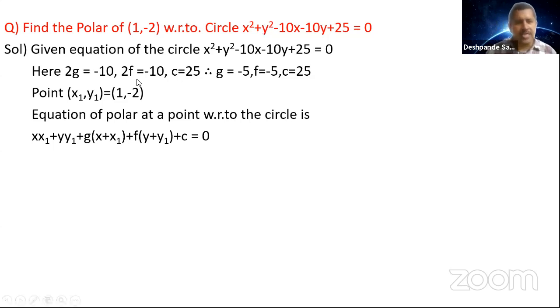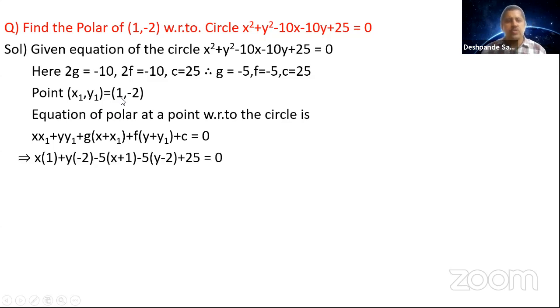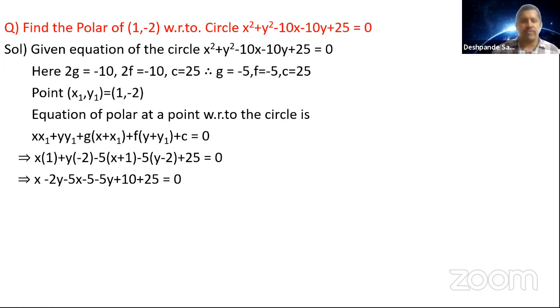Children, so the x1 value is 1, y1 value is -2. So x into 1 plus y into -2, g value is -5, f value is -5, and c value is 25. Substitute these values. Now what do you get? x into 1 is x, minus 2y, minus 5x minus 5, minus 5y, and minus 5 into -2 is plus 10, plus 25.